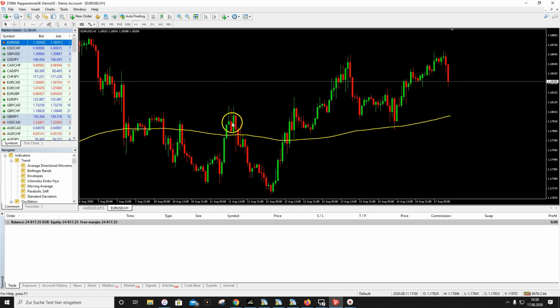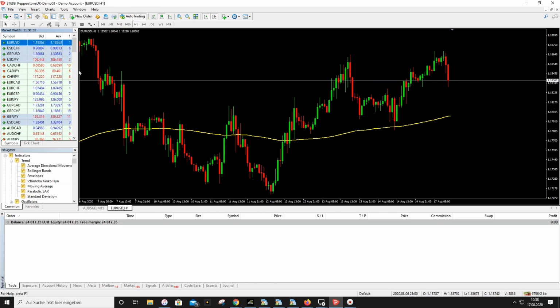Then it looks like here it will respect the MA 200 again and goes up, but then still it goes down. Then again here it cuts through the MA 200 without any resistance, and then here was the first time the MA 200 was really respected. So on this pair, on the 1 hour time frame, the MA 200 looks not so good at all.